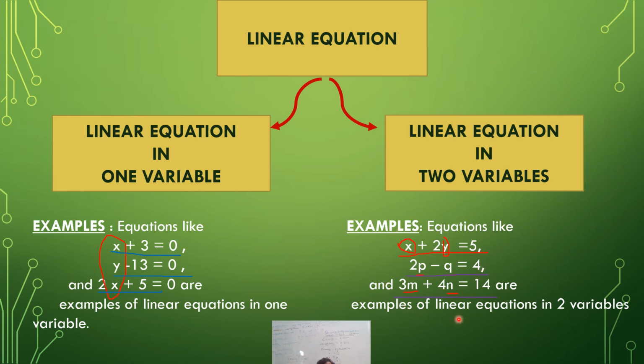So these are examples of linear equations in two variables. Dear students, I hope you all understand the types of linear equations: linear equation in one variable and linear equation in two variables.